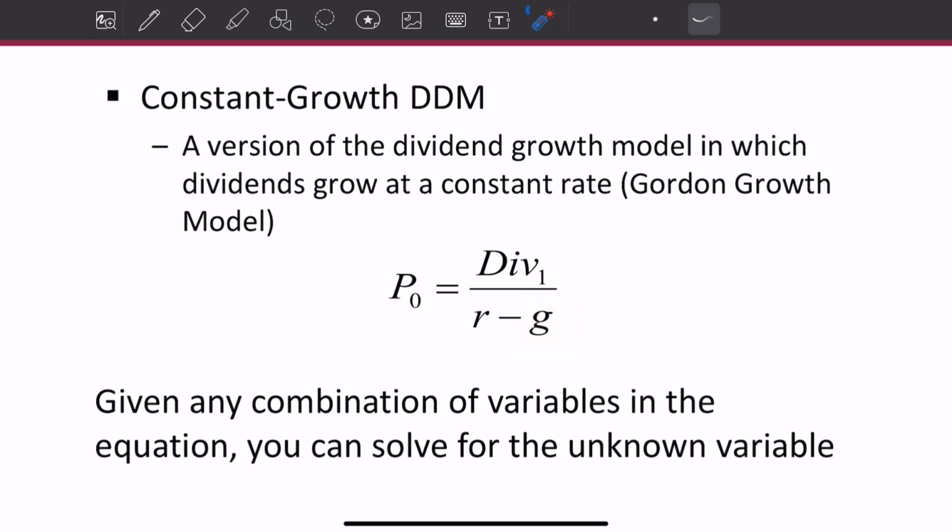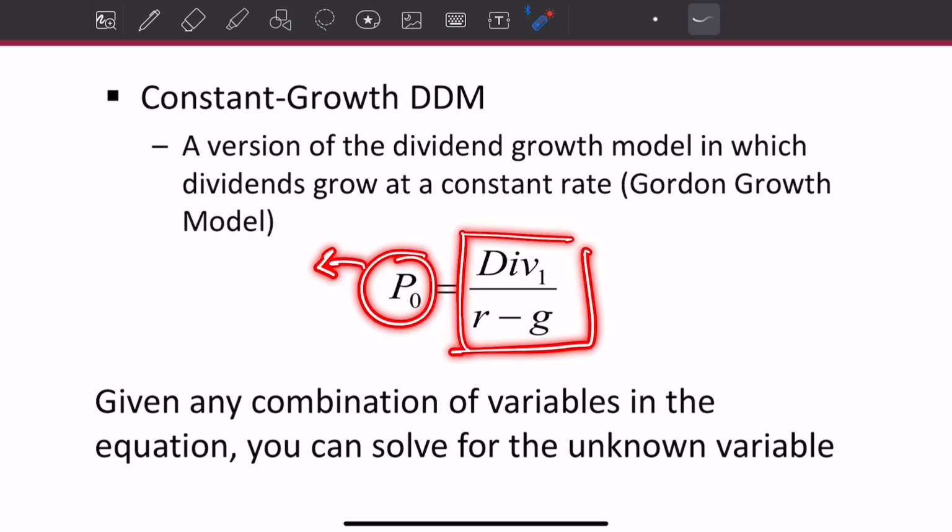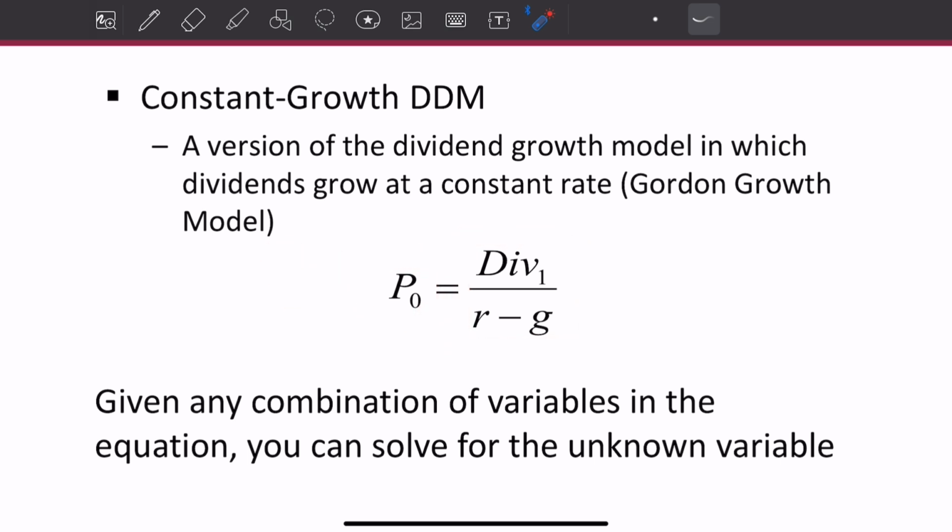Now, the thing is, for exercises, you're not always going to be given all of these and be required to figure out the price. Sometimes you will be given the price and one of these values might be missing, any one of these three.